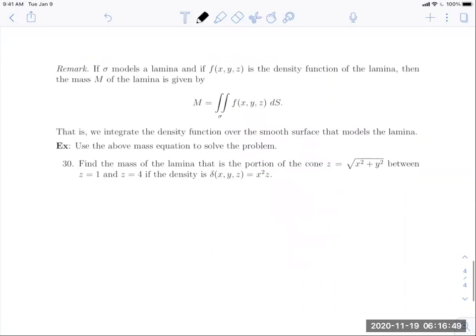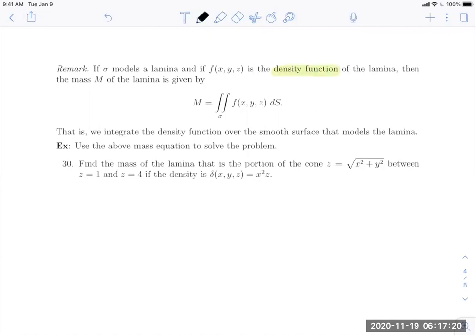All right, to finish off the section, we have one last application and then an example to illustrate it. And the application here of surface integrals is finding masses. So we have a remark here: if sigma models a lamina, and if f of x, y, z is the density function of your lamina, then the mass of the lamina is given by the surface integral of your density function over your surface of your lamina.